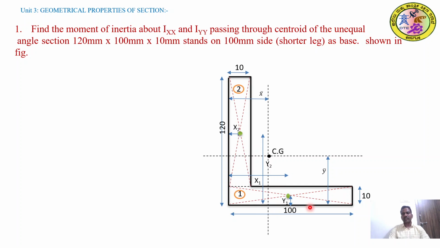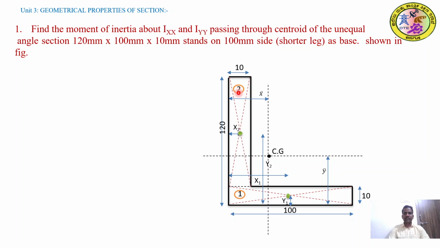At the base, 100 by 10 millimeter, we treat it as one rectangular section, and 10 multiplied by 110, because the overall depth is 120, deduct 10 millimeter, so we get a depth of 110 millimeter, which is the second rectangular section.